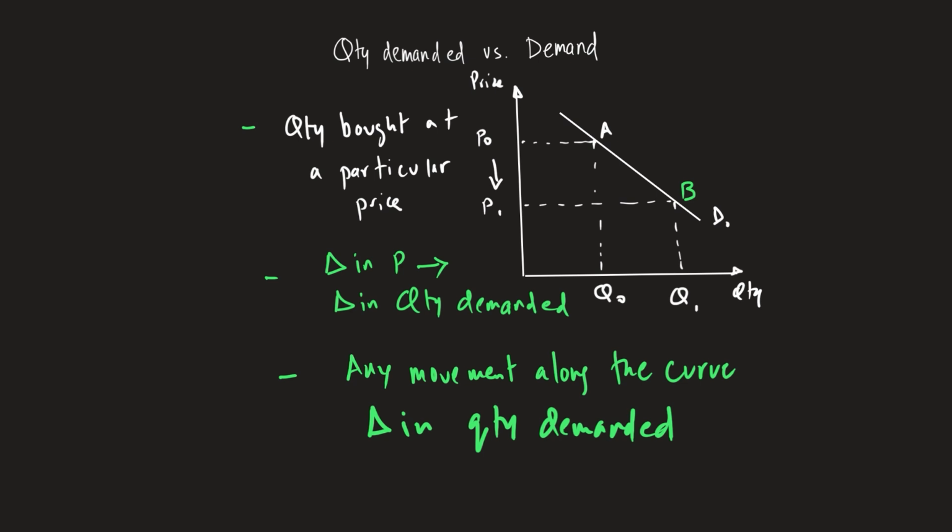So now let's talk about what will change demand. We know that quantity demanded is changed through any change in price, because that will result in a movement along the demand curve. But let's talk about the factors that can affect demand, or in other words, the determinants of demand.